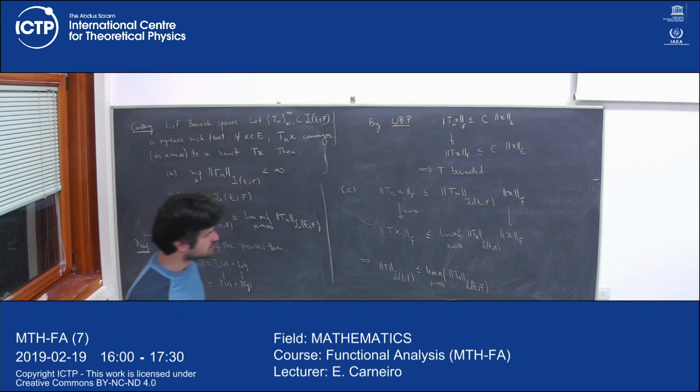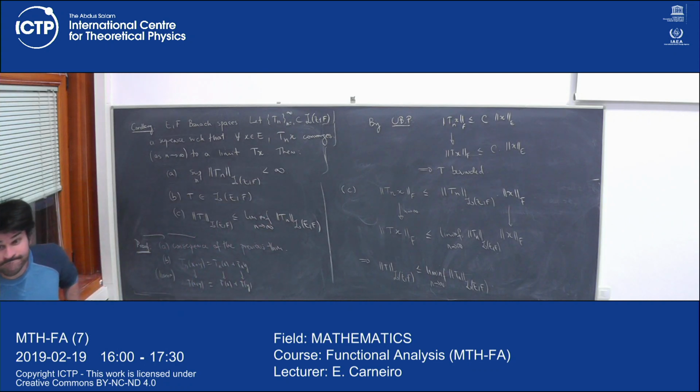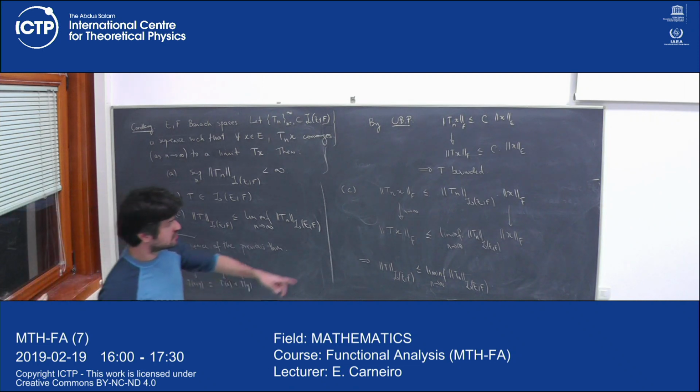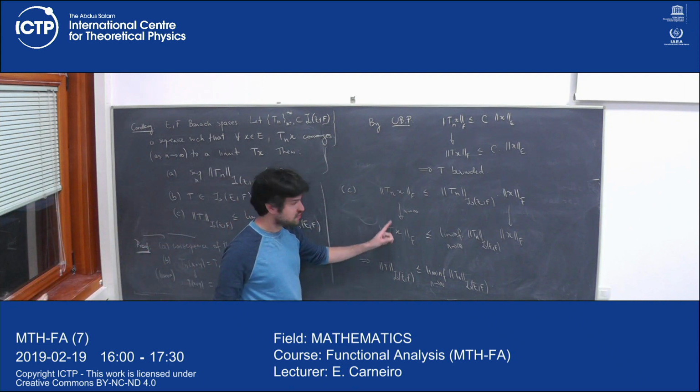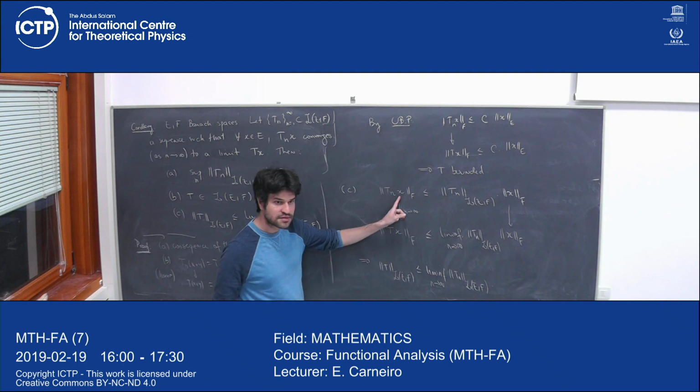So, in what sense are we taking the limit here? Where we pass from the operator Tn of x to Tn. In this sense? T of x is the limit of Tn of x, pointwise, right?